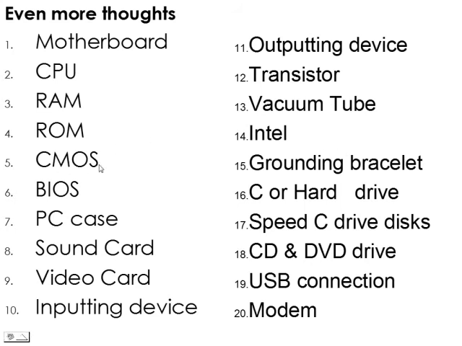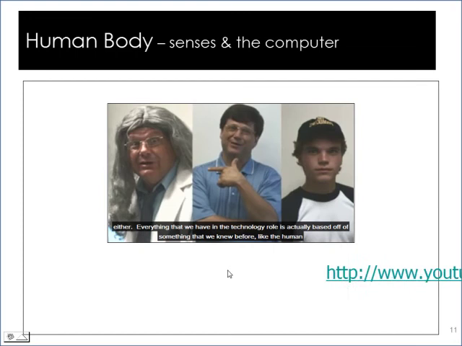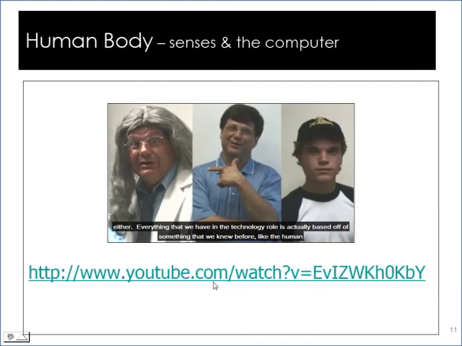This one, CMOS, was the CMOS battery. BIOS, basic input output system. Obviously RAM and ROM. But what about transistors? What about vacuum tubes and valves? Look at those. Find out something about the grounding bracelet. Okay, now let's have a look at this.